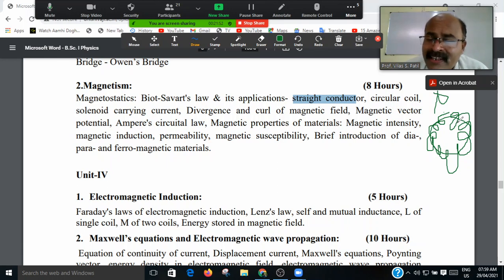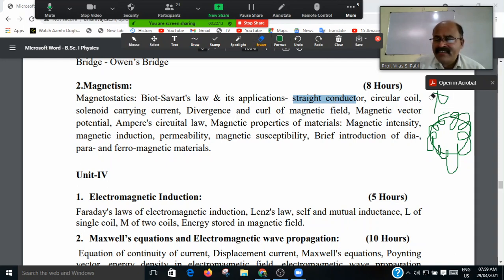That is, due to the magnetization, the magnetic field is produced, and its strength is calculated according to Biot-Savart's law. In the case of a circular coil it is also calculated, and it will be easily calculated in this case.